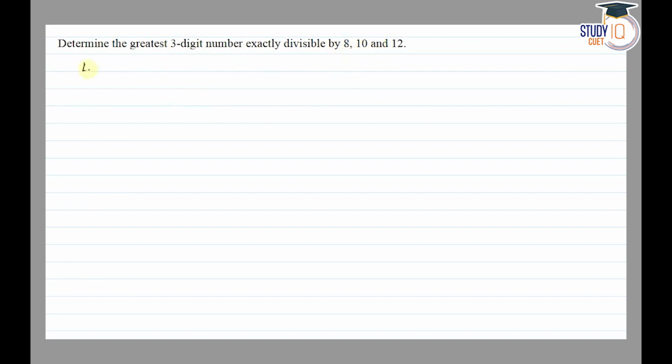So firstly, हम इसका LCM find out कर लेंगे 8, 10 and 12 का. So ये हमारे पास 8, 10 and 12. Firstly 2 से 4, 5 and 6, again 2, 2, 5 and 3, again 2, then 3, then 5.